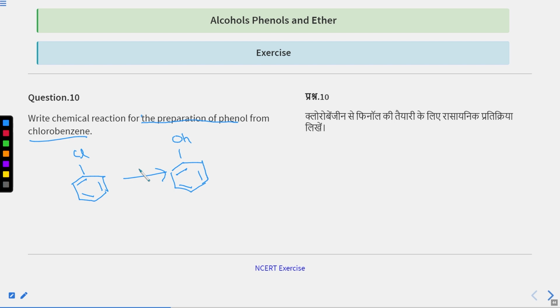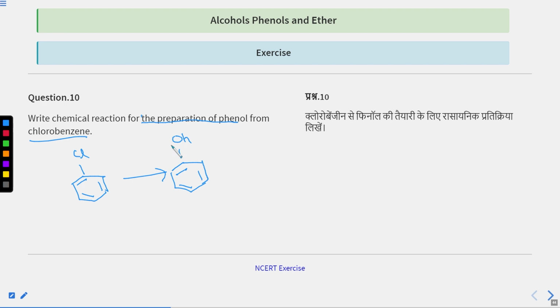Okay, any suggestions from your side? Just try it by yourself. I'm also thinking what else can we do here. Suppose we convert this into diazonium chloride. Is it possible?